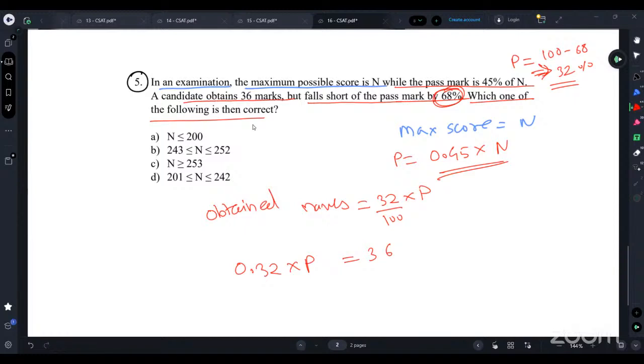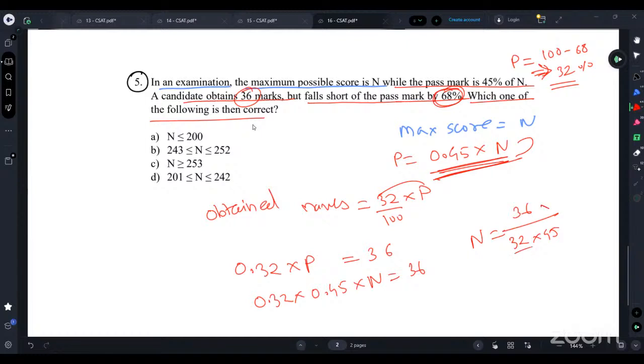He has got 36 marks. But what is the value of p? P is 0.45 times of n. So 0.32 into p, whose value is this 0.45 times of n, that is equal to 36. So let's calculate the value of n: 36 by 32 into 45, and this 100 below I will write down in the numerator 2 times.